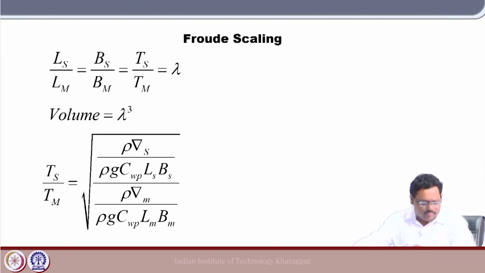Now, in heave mode, this is nothing but the mass divided by the restoring force, which is rho g into AWP. Here you can see that I did not write the AWP because most of the time the water plane area is not available. However, what is available to you is the water plane area coefficient.